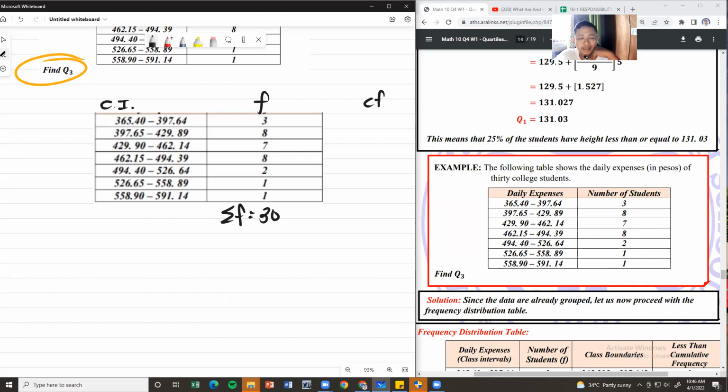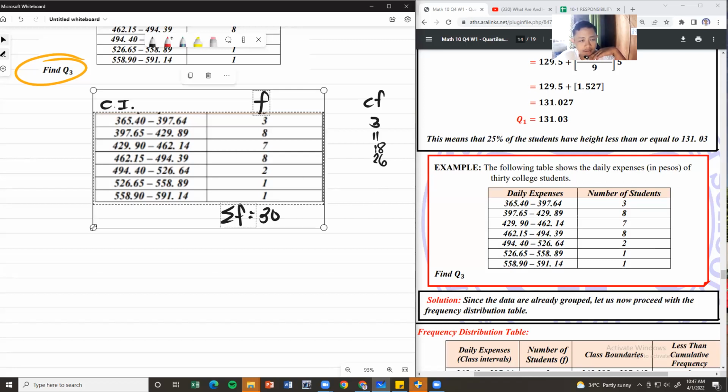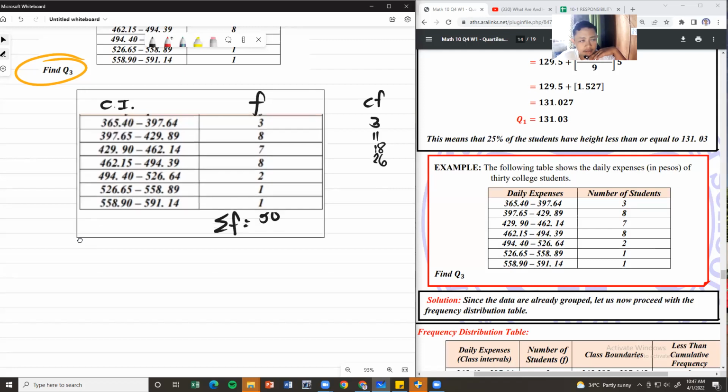Now, cumulative frequency. Oh, add lang natin. 3 plus 8, 3, of course. 3 plus 8, 11. 11 plus 7, 18. 18 plus 18, 26. And then, lakihan natin para pareho ng laki ng margin.